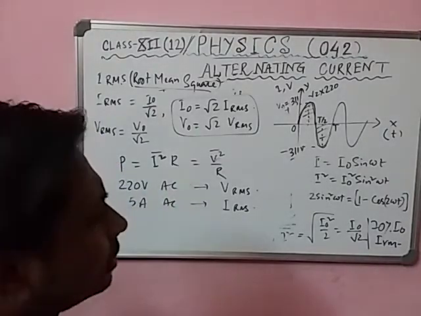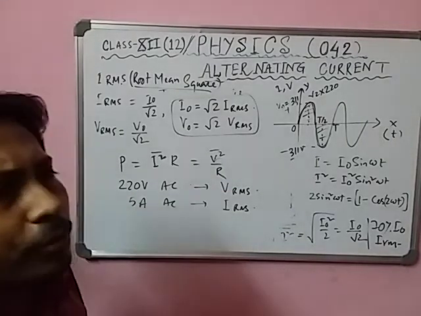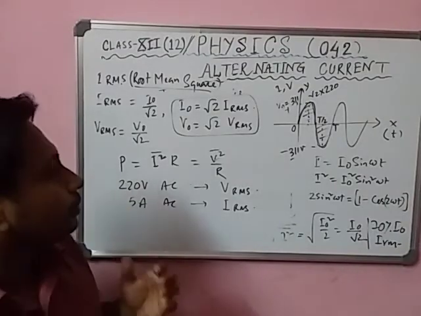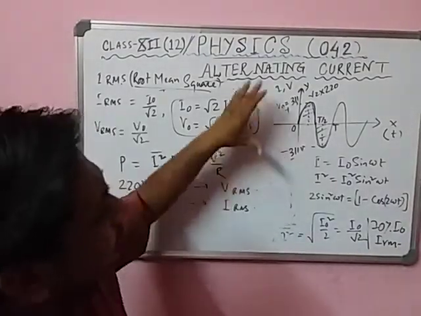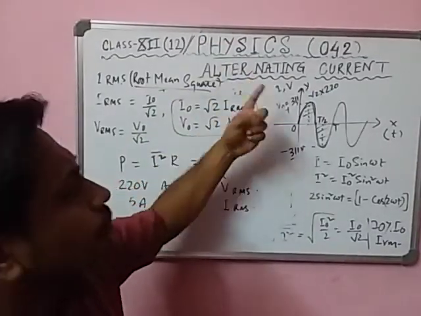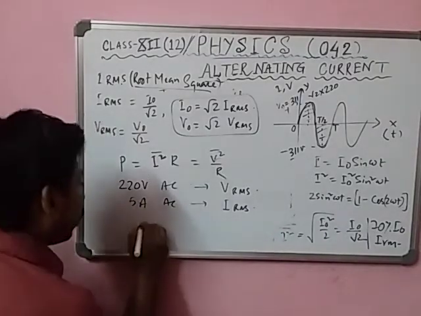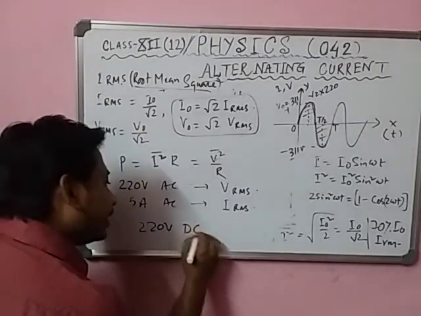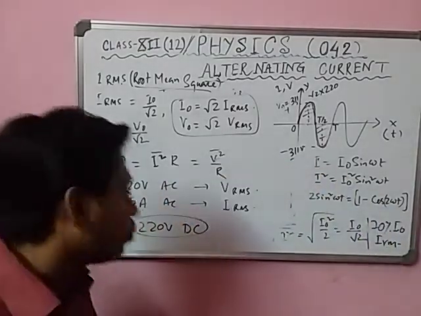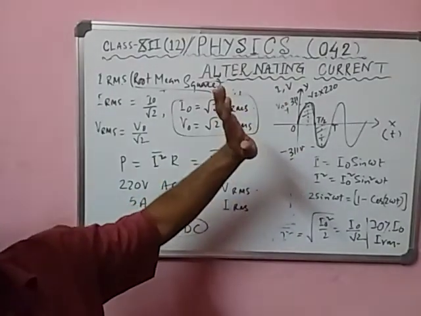Okay, understood? It is a very important question: why is AC current more dangerous than DC current? 220 volt DC means a constant value of 220 volt, which will not fluctuate. But 220 volt AC means it will fluctuate from plus 311 to minus 311.